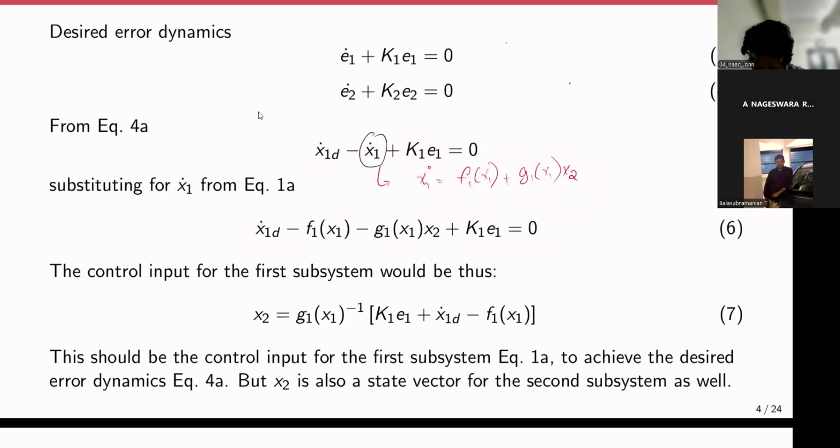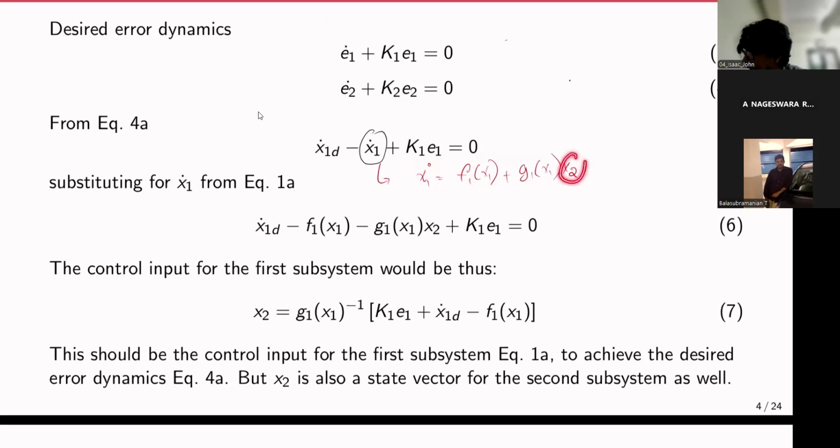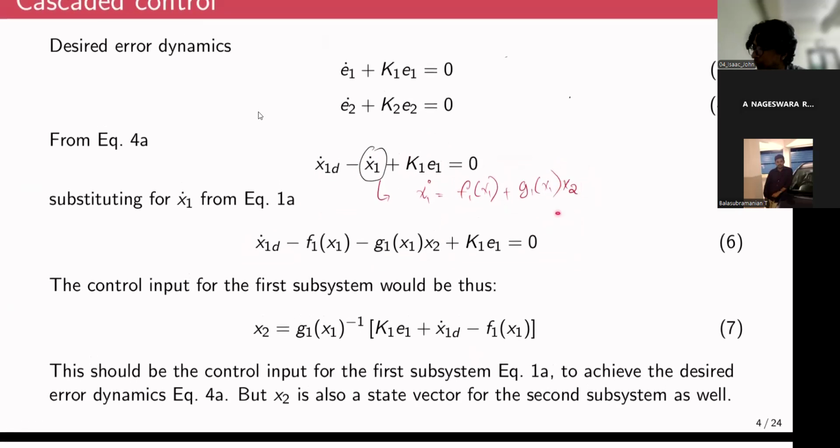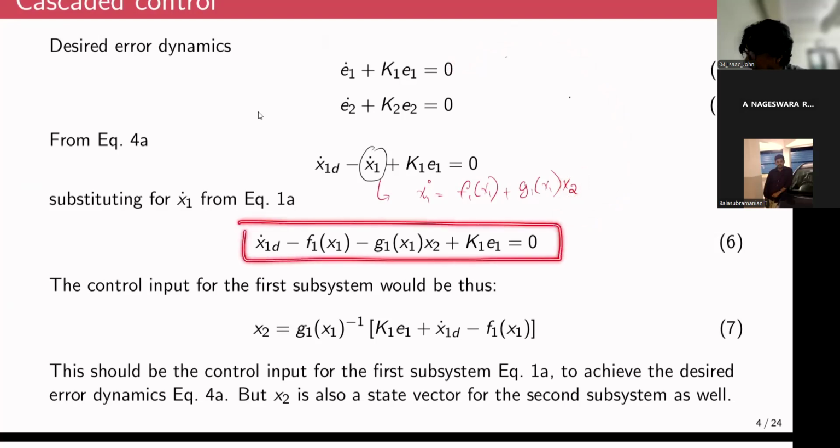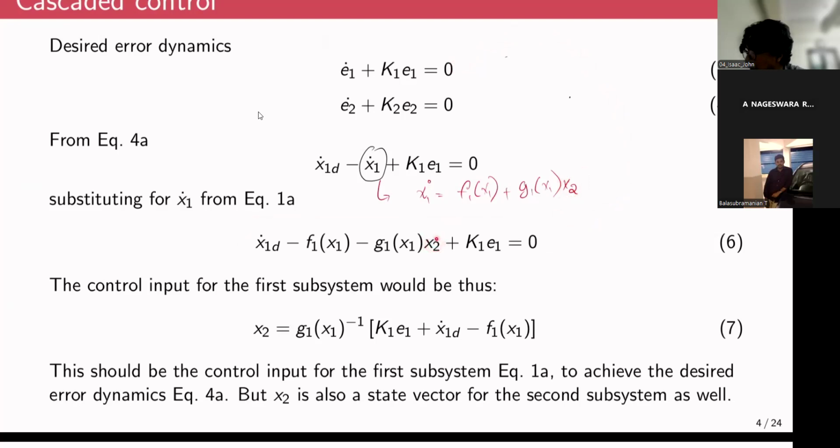Right? So now, for the first system, the control input is this term x2, right? In order for us to make the system follow this first order error dynamics, what should be the control input x2? From this equation, you have to find x2. If you try to solve for x2 from this equation, you will get an equation like this. It's just a simple manipulation of this equation, right?